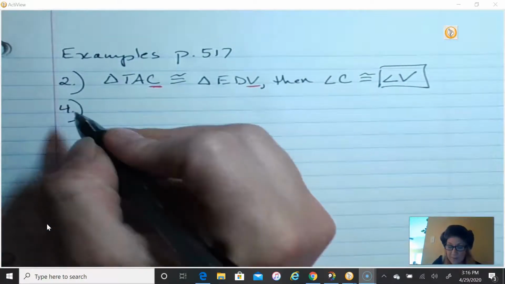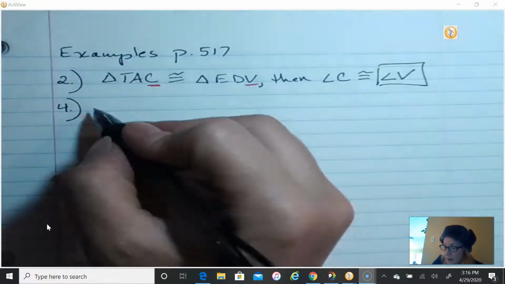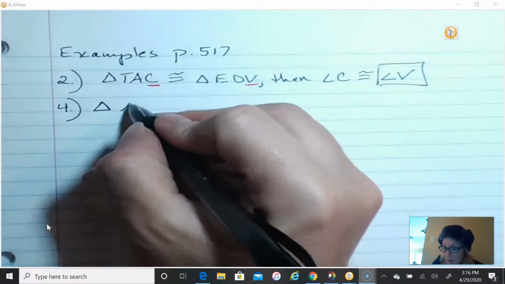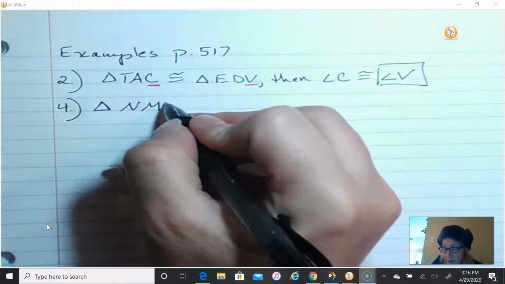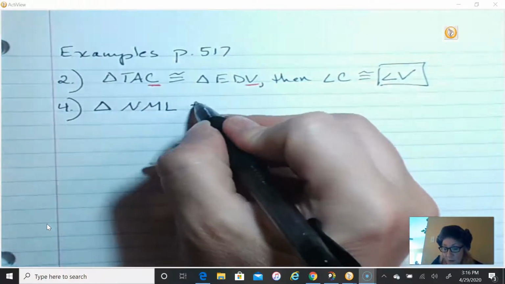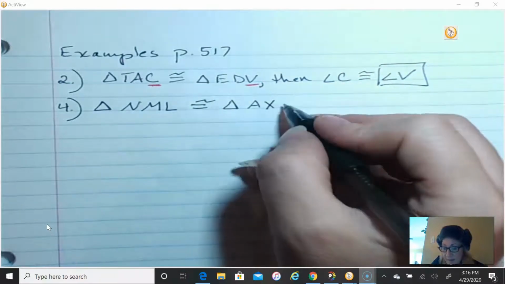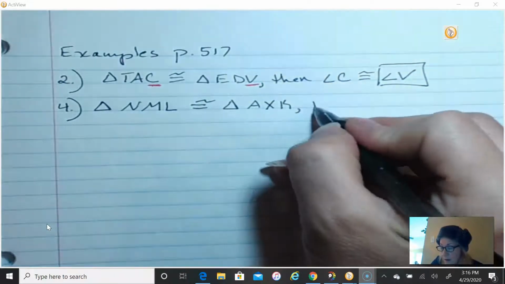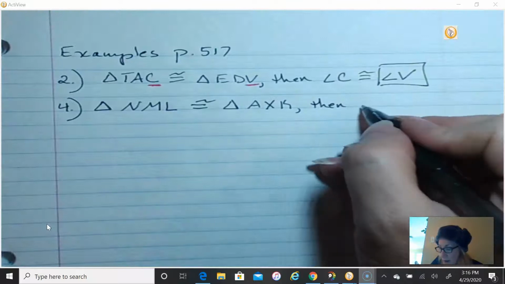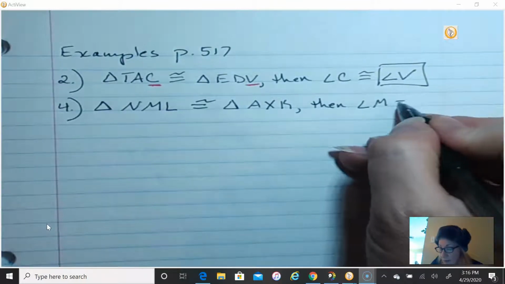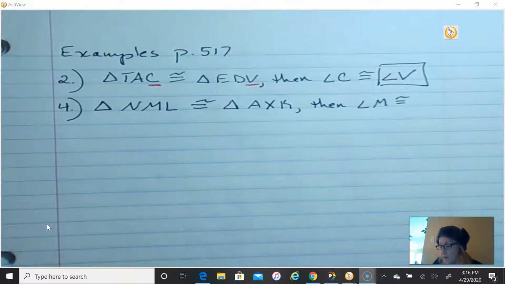All right, let's do 4. If triangle NML is congruent to triangle AXK, then angle M is congruent to what angle?